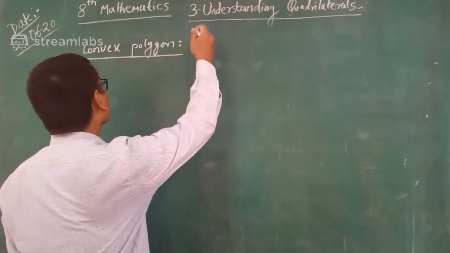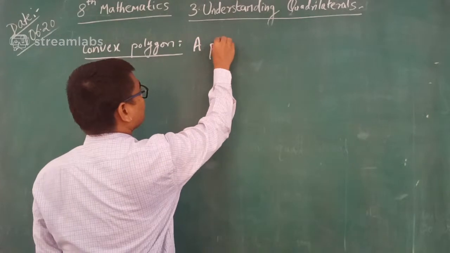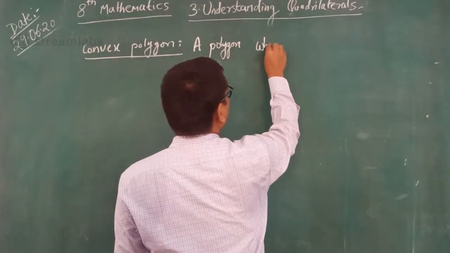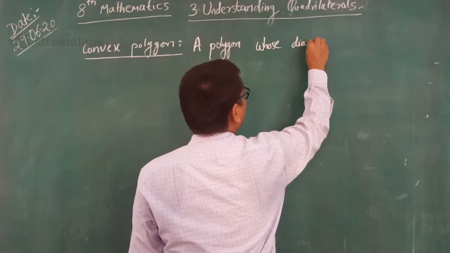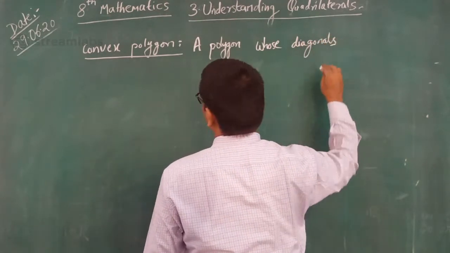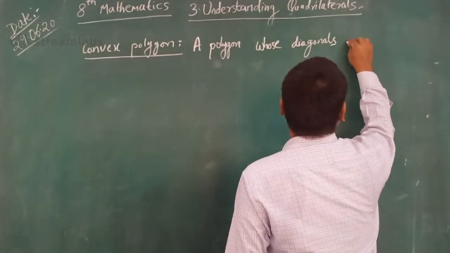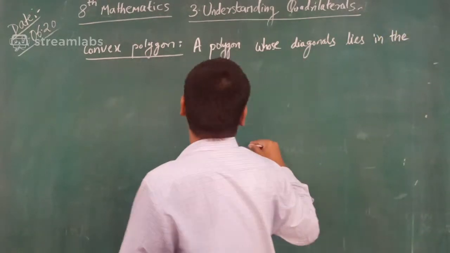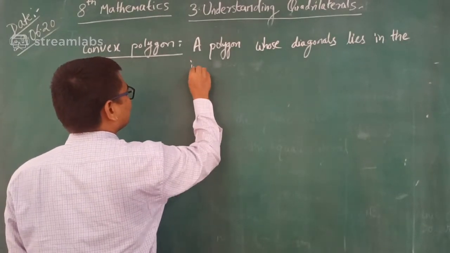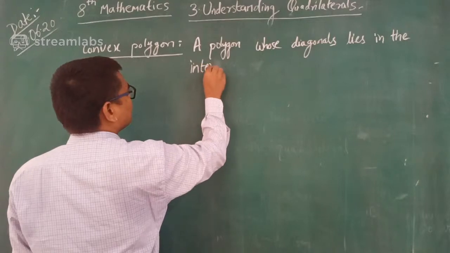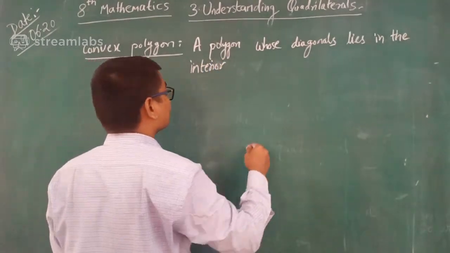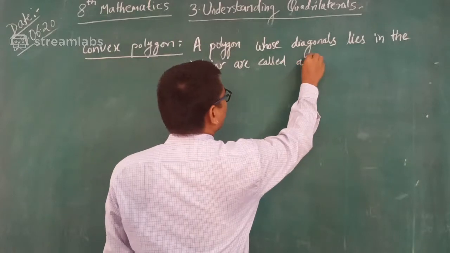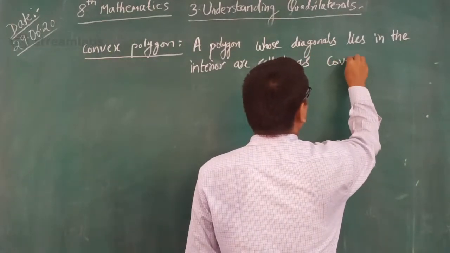A polygon whose diagonals lie in the interior is called a convex polygon.